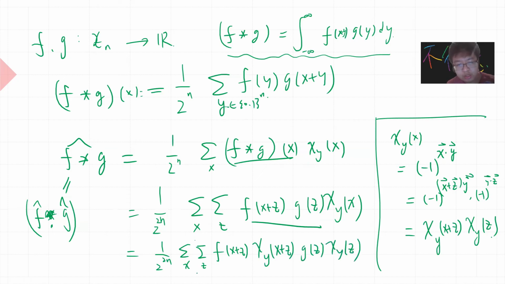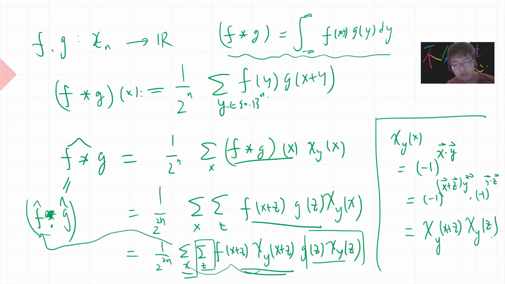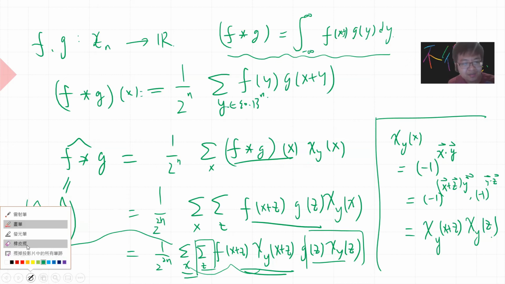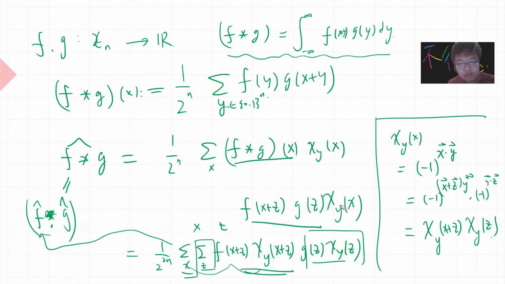You separate this z with these two terms and this x with these two terms, and do a change of variable. Then these three terms will give you f hat, and the three terms with the sum over z, g(z) chi_y(z), will give you g hat. Let me write it carefully.